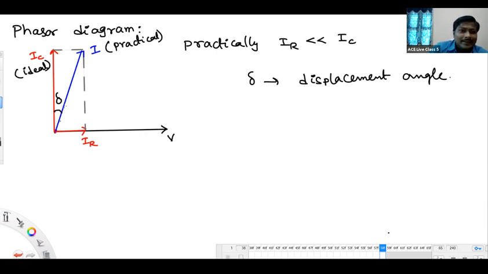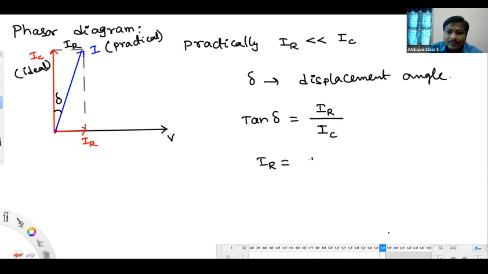It's a right angle triangle. What is tan delta from this right angle triangle? This is IR, so IR by IC is tan delta, the resistor current by the capacitor current. Now, IR is equal to IC into tan delta.